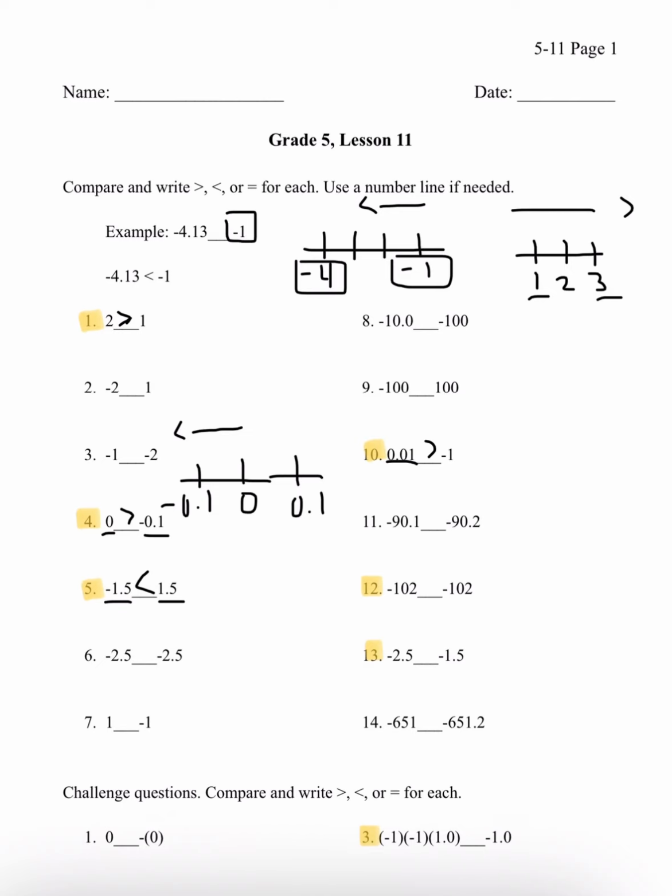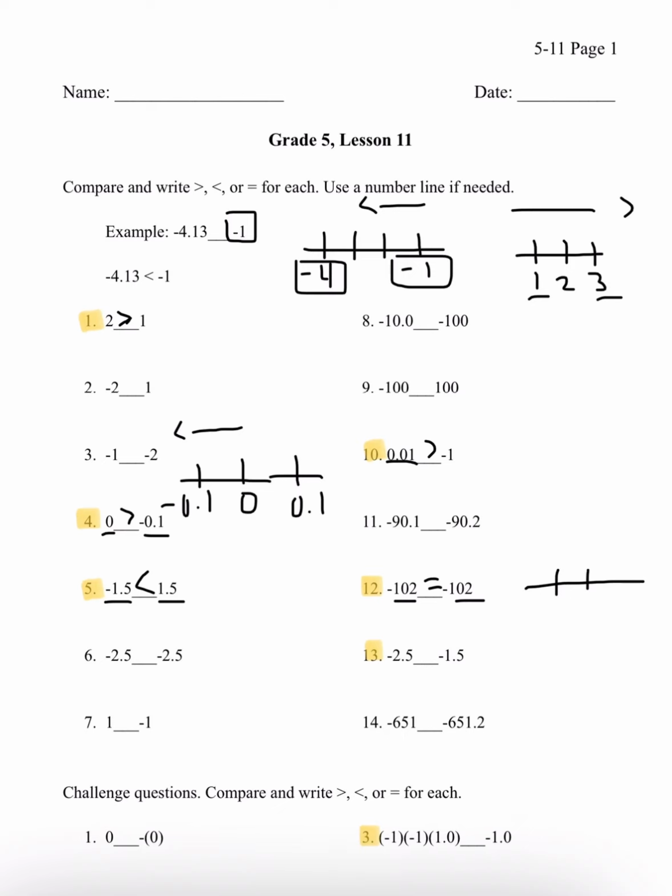Number 12, we have negative 102 and negative 102. So they're the same number, so this is just the equal sign, they're equal to. 13, negative 2.5 and negative 1.5.